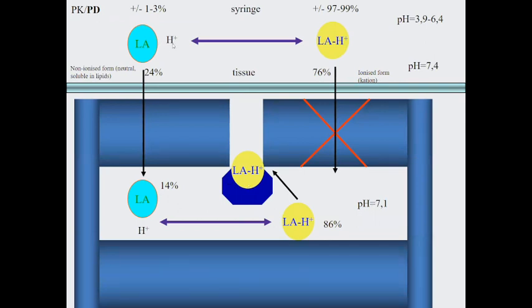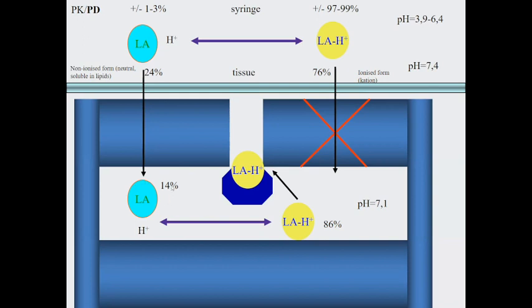We inject it in ionized form, cation form. This form is in a syringe, in a bottle. In the tissue, it has to be changed into the non-ionized form, neutral, which is soluble in lipids. Then, because it's soluble in lipids, it can pass through the cellular membrane into the nervous cell.